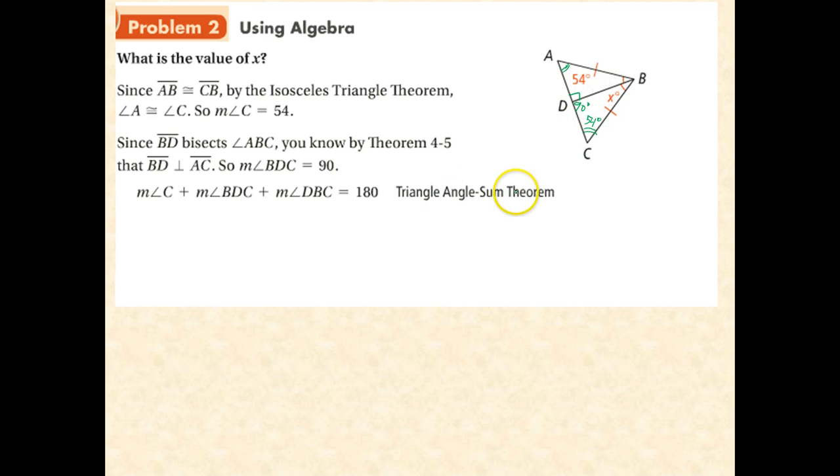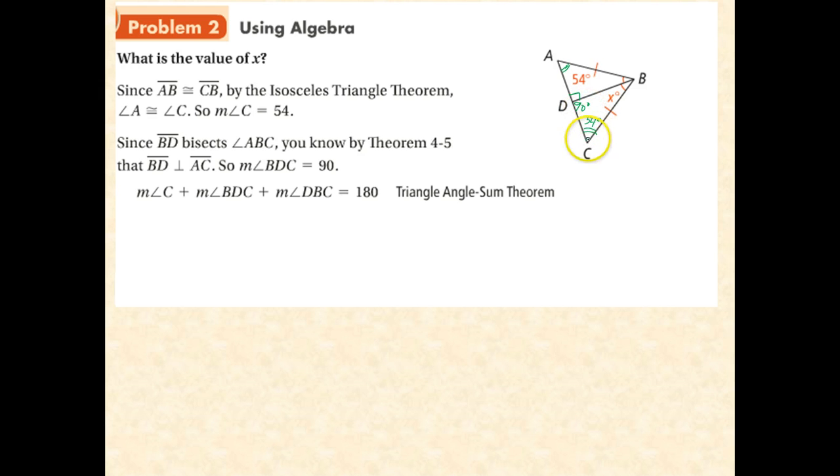Remember the triangle sum theorem? That all three angles of a triangle add up to 180 degrees. So the measure of angle C plus the measure of angle BDC plus the measure of angle DBC is 180.